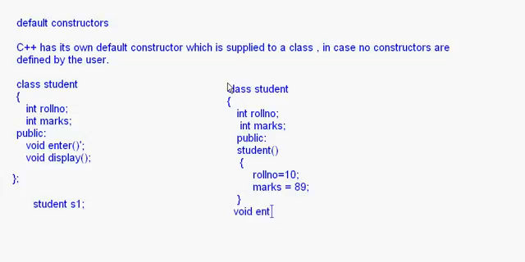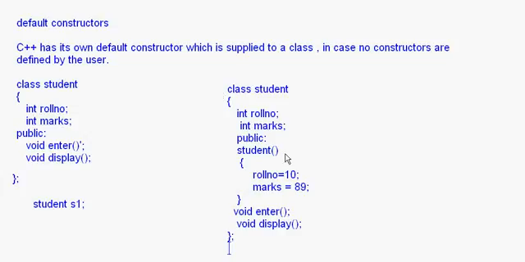And then you have void enter and void display, fine. So in this case you are providing your own constructor, so C++ takes back its default constructor. Once you give your own constructor, the default constructor is taken away and your constructor will be used. That default constructor will not be given to you, it is not needed because you have declared your own constructor. Is that right?